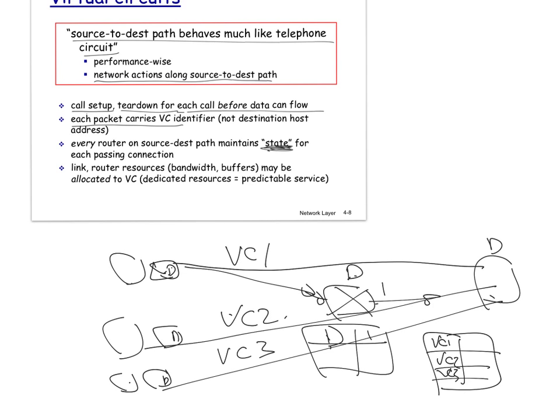In addition, for each virtual circuit I can provide certain guarantees, certain quality of service guarantees. I can have some priorities between them and so on. So that complicates the forwarding process. So in terms of scalability, there will be an issue here, especially for the internet.